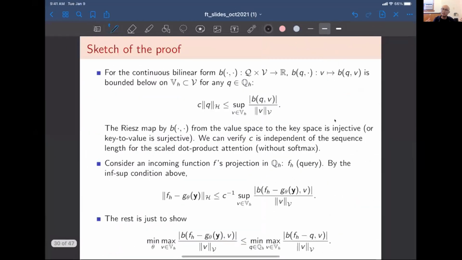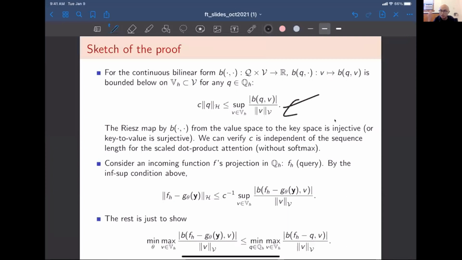Like I said, once we realize it's a Petrov-Galerkin approximation, proving this is just a simple finite element exercise everyone can do. First, we prove the inf-sup condition. For the simplest scaled dot-product attention, it's a standard exercise of linear algebra.